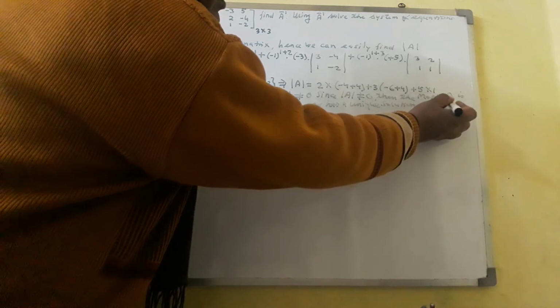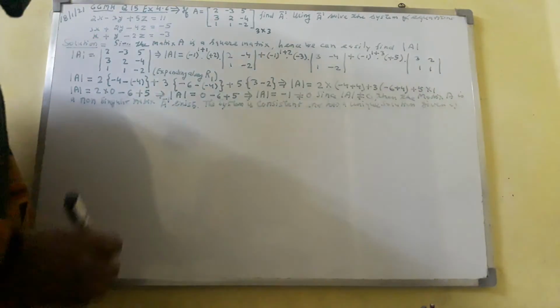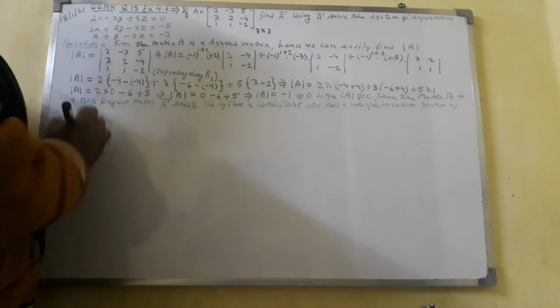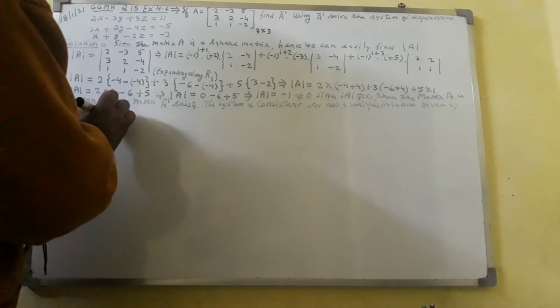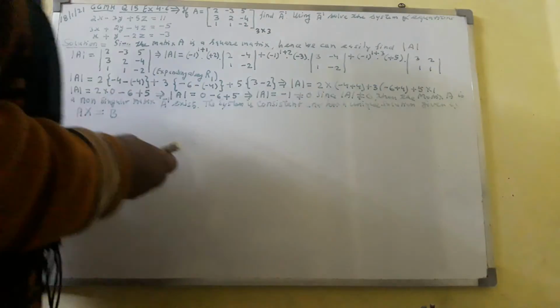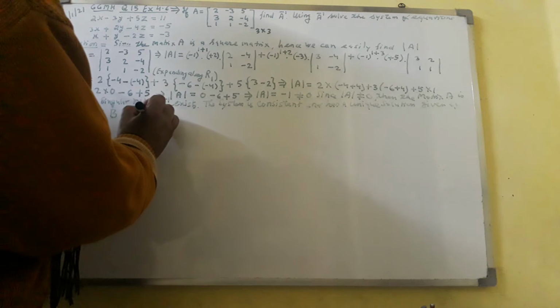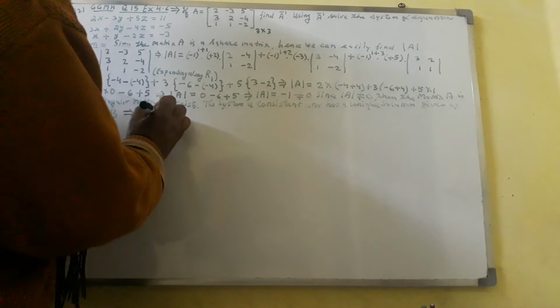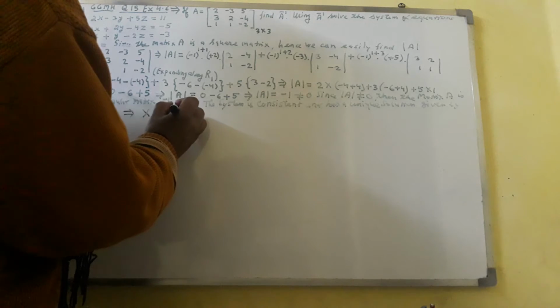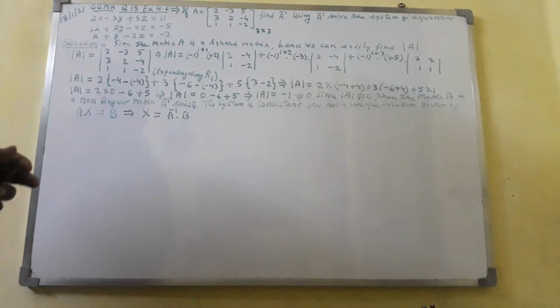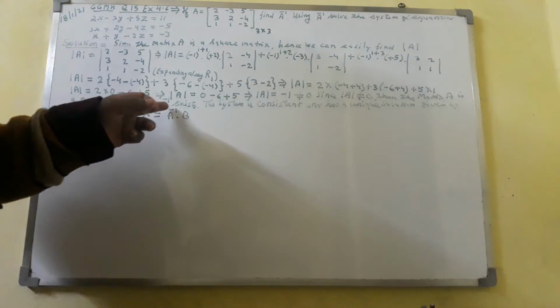Given by AX equal to B, which implies that X is equal to A inverse B. So here the matrix A is a non-singular matrix, A inverse exists.